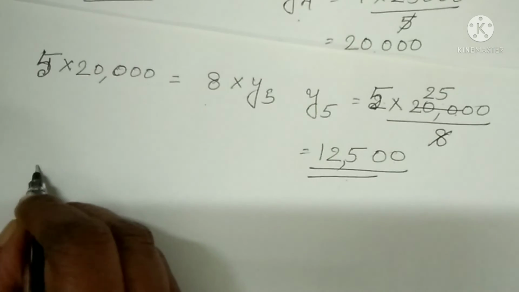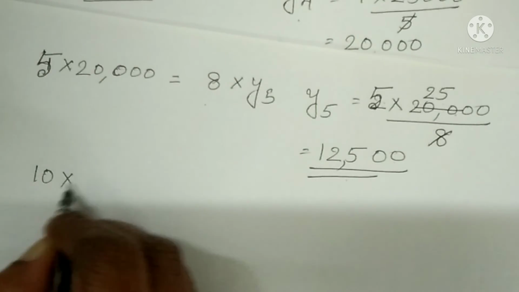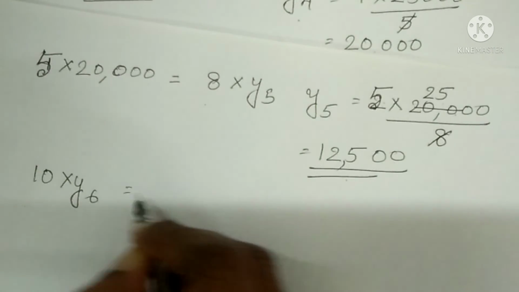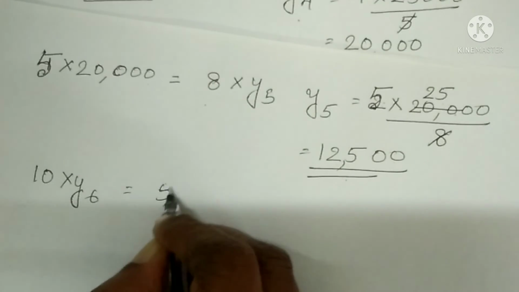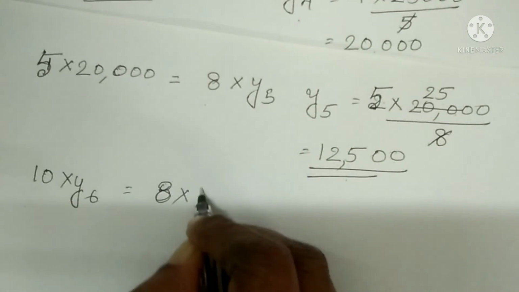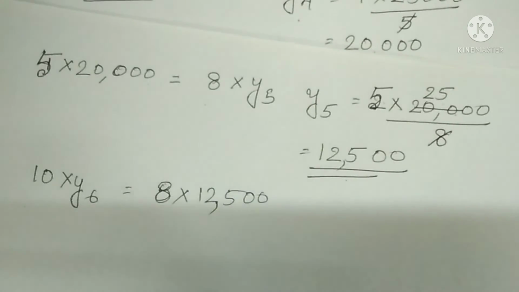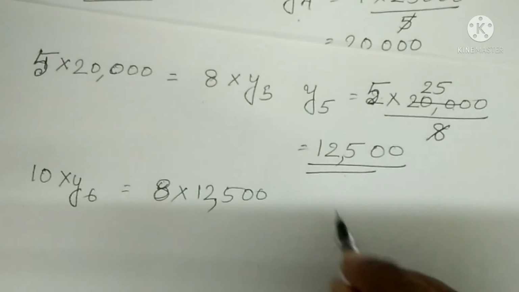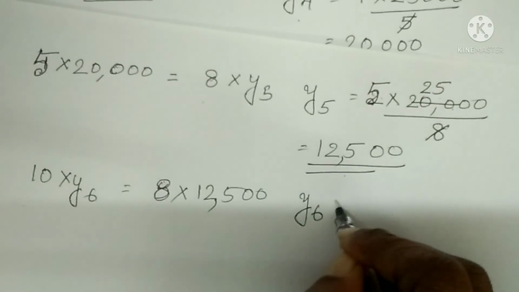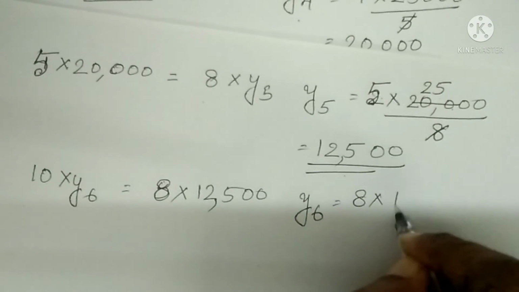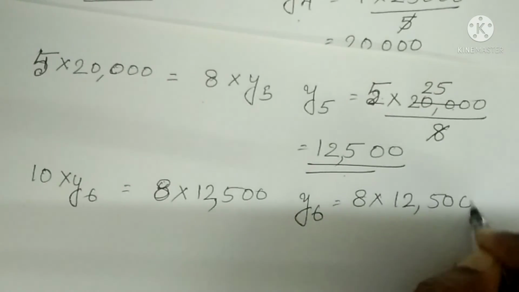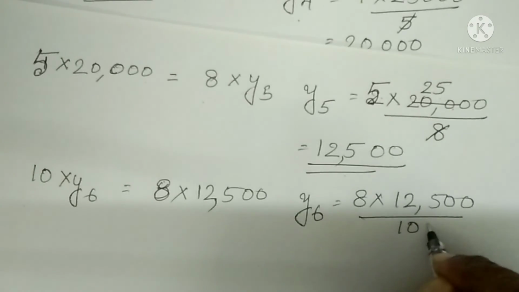Now if there are 10 people, 10 into Y6 is equal to 8 into 12,500. So Y6 is equal to 8 into 12,500 divided by 10.